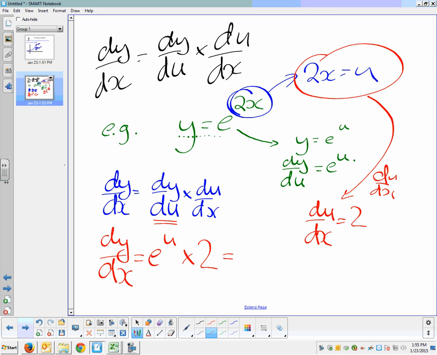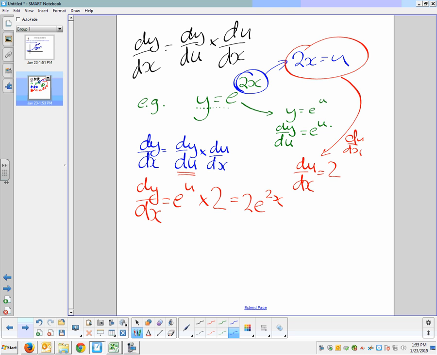Substituting u back in, that's 2 e to the 2x. Which makes sense when you think about what y was. If y was e to the 2x, you can see that dy by dx is equal to 2 e to the 2x.